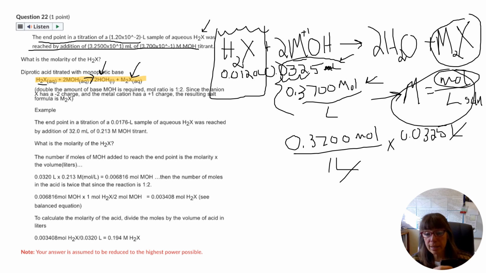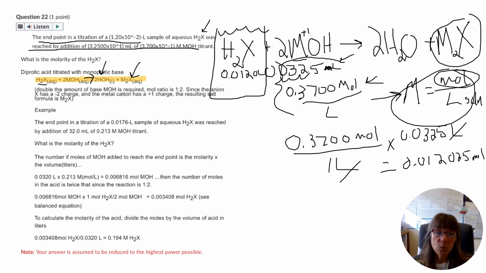So I can go get my handy calculator, and I can say 0.37 times 0.0325. Here we go. And now I have a certain number of moles, 0.01205 moles. Now I'm carrying all the digits to the very end, so then I round to the number of significant figures.